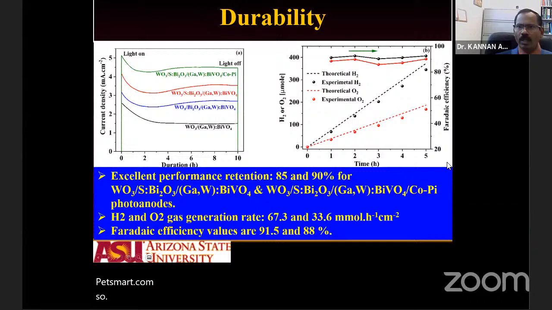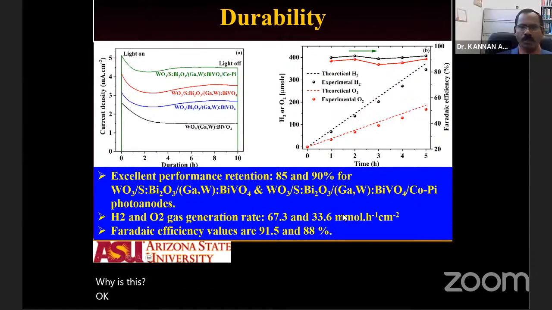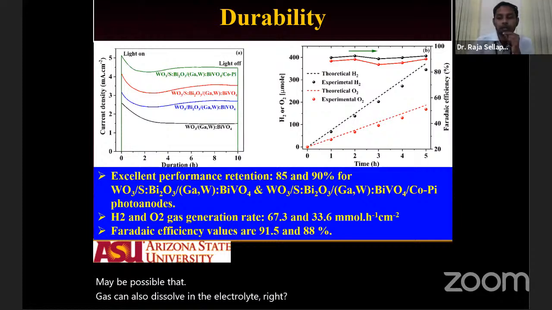So why is it deviating from theoretical to experimental? The dotted line, if I have seen correctly. It may be possible that gas can also dissolve in the electrolyte, right? Okay. So let me check.